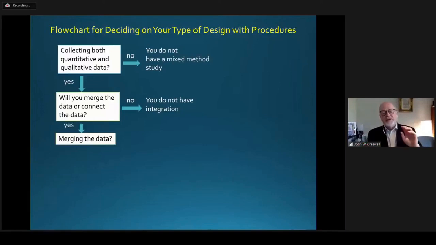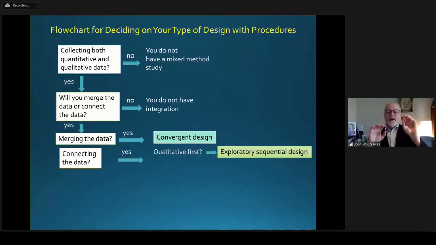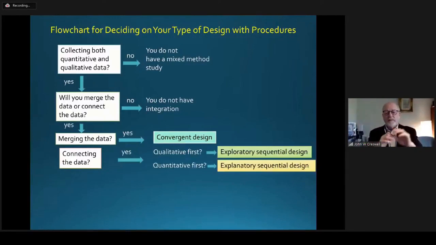If your answer is yes, then are you going to be merging, actually trying to put the two databases together, merge them? The answer is yes, you have a convergent design. If you're going to connect the two databases, one following the other, one building on the other, and qualitative is first, now you have an exploratory sequential design. Is quantitative first?